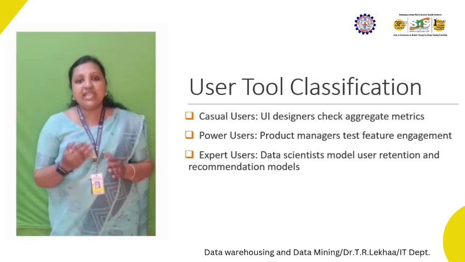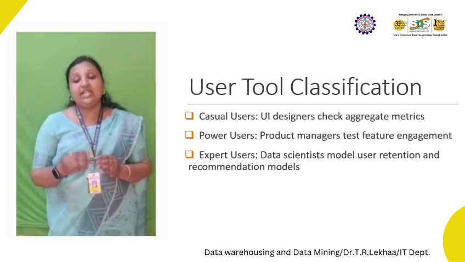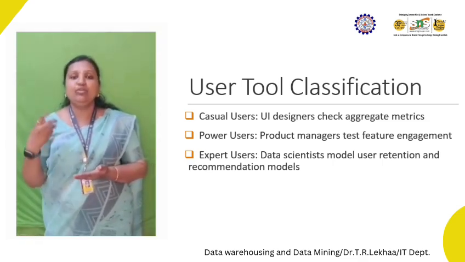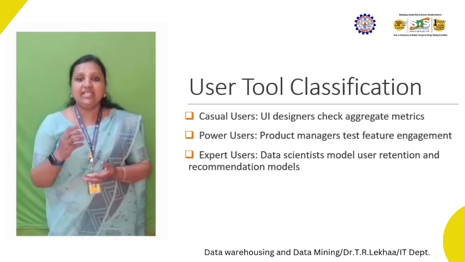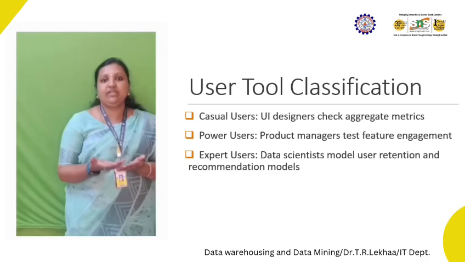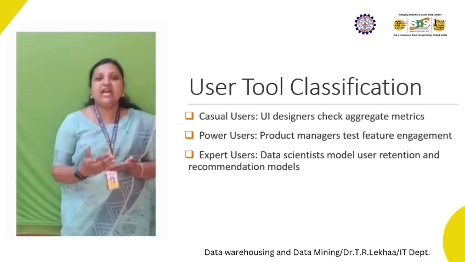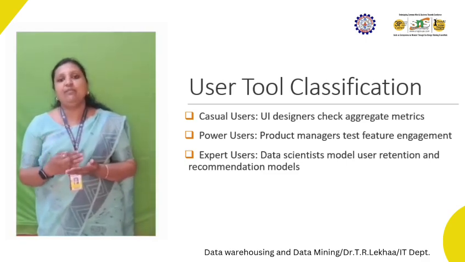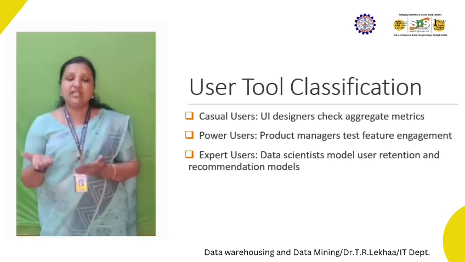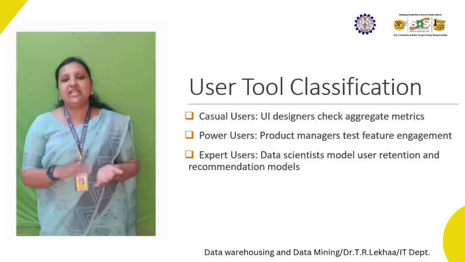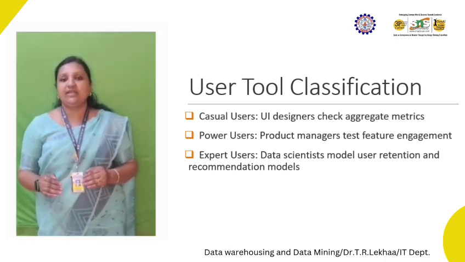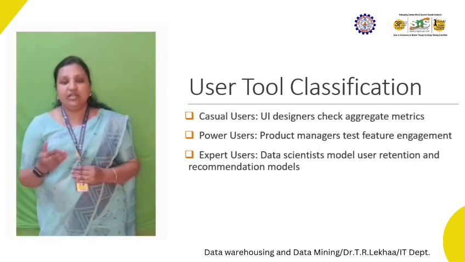Whereas power users are experts and can handle some level of the work, to know their intelligence level, and the user can access it. And the last level is the expert user, who works with the help of complex queries. Complex queries are like the client side and server side. They take care of that. So these are the three types of user model.